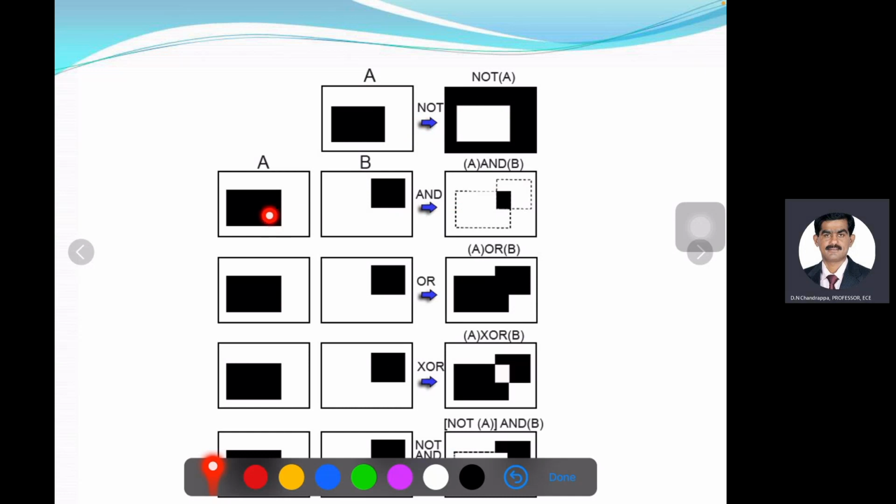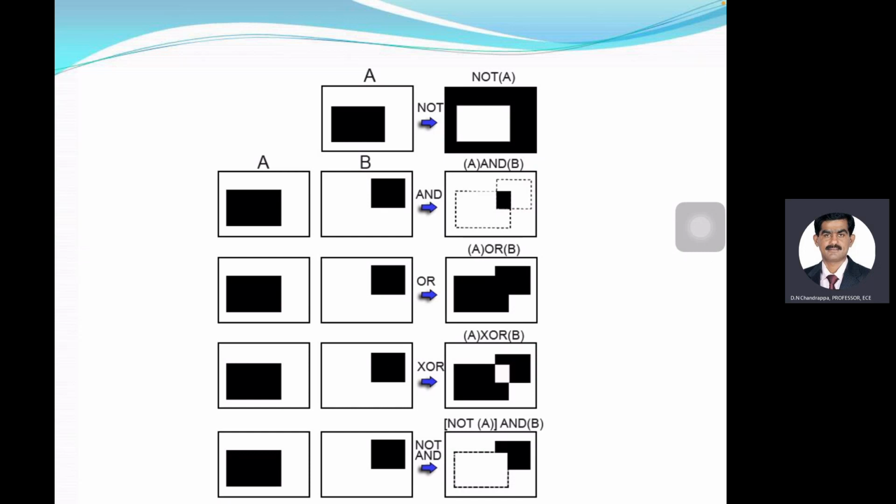And similarly here, A and B components. If you are using AND operations, and here OR operations, please look at this. And XOR operations here. And the last one is NAND operations.